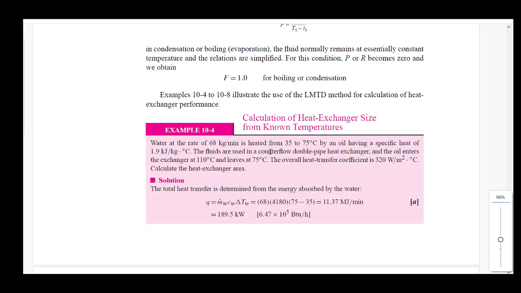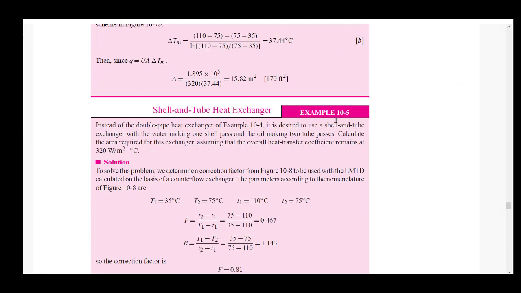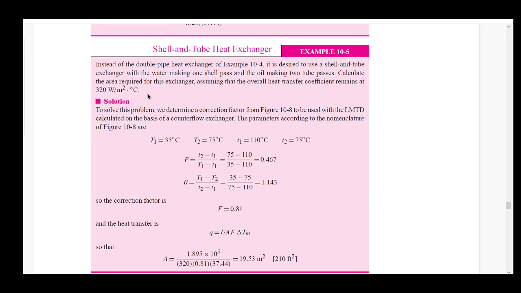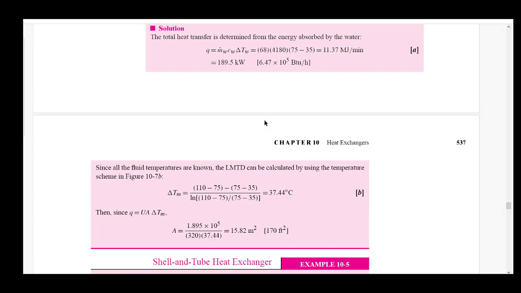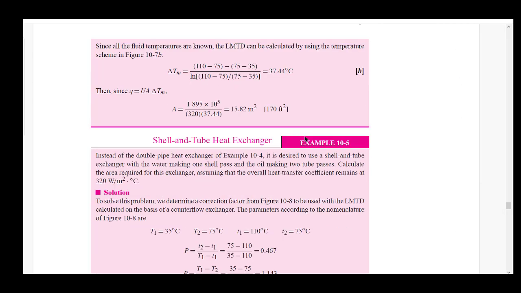As you remember, I discussed example 10.4 in another session, but now we want to continue for solving and discussing example 10.5. Instead of the double pipe exchanger of example 10.4, we have a shell and tube exchanger in example 10.5.